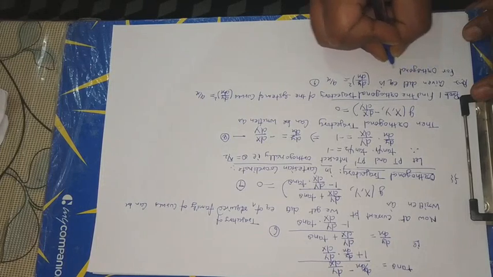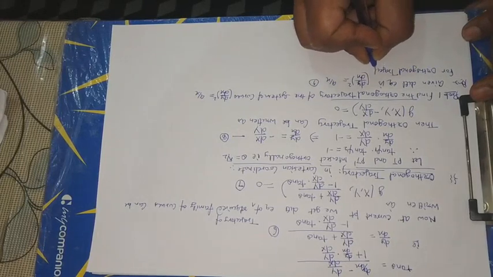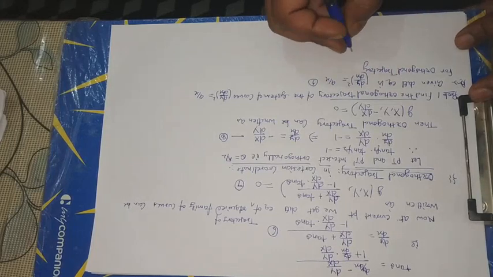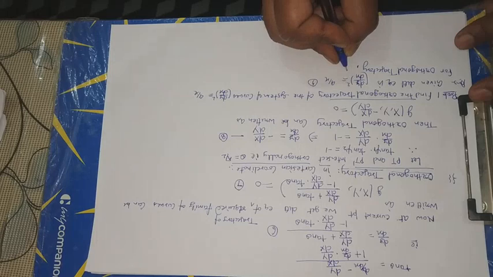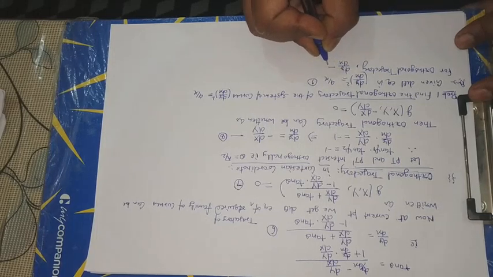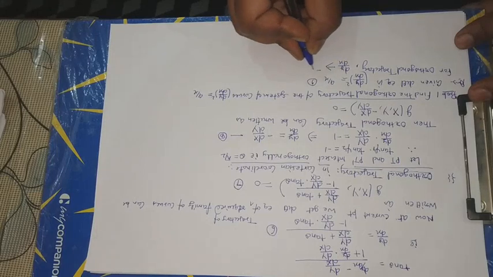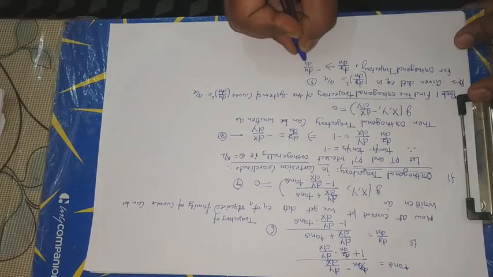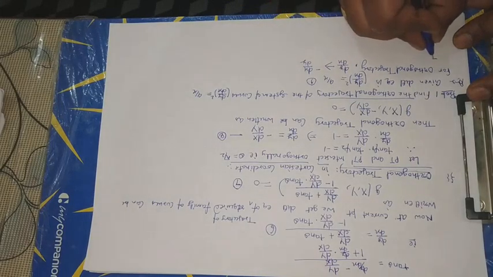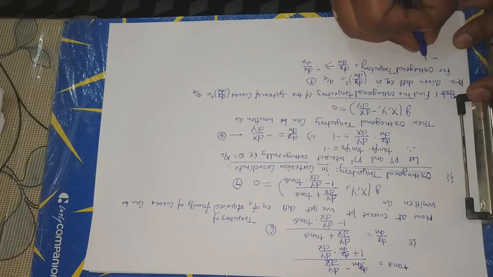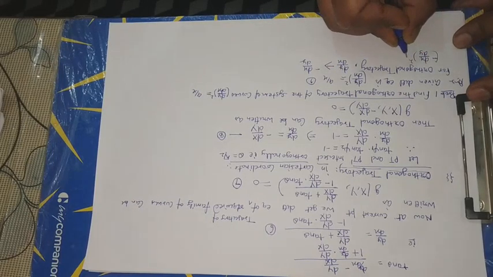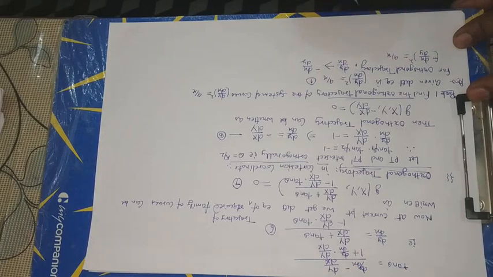Now for the orthogonal trajectory we replace dy dx equal to minus dx upon dy in equation number 1, that is, minus dx upon dy whole square equal to a upon x.